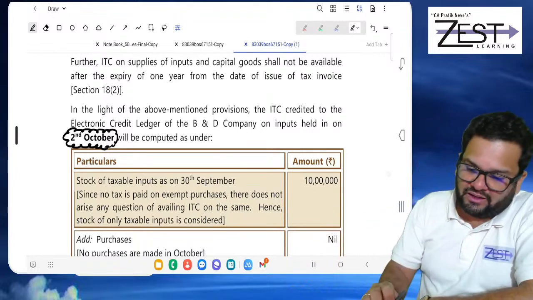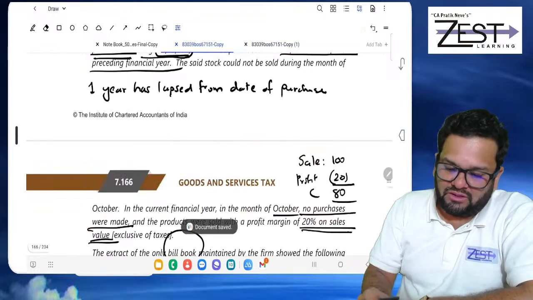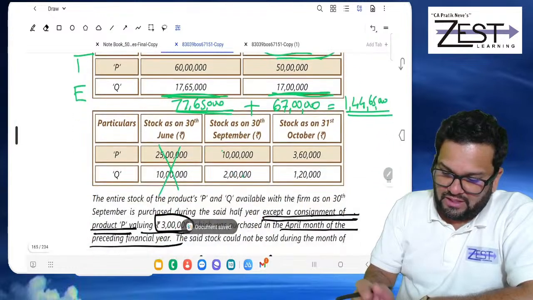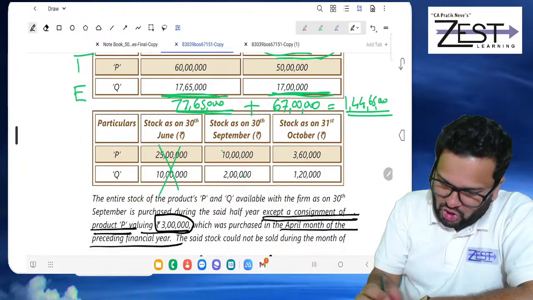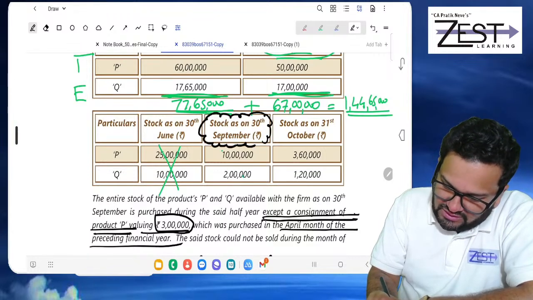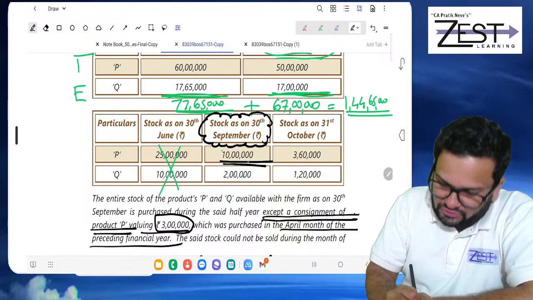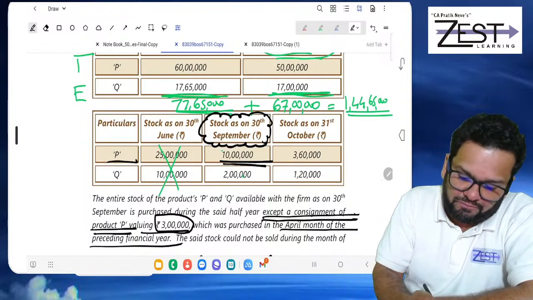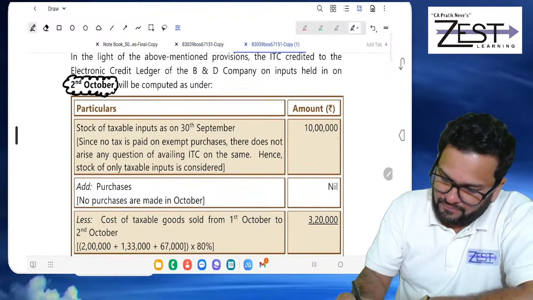So I should check before 2nd October you have been given some stock. You have been given stock as on 30th September. So this is the closest stock given to you. So please take that of 10 lakh rupees, that is of P. Don't take Q for calculation.